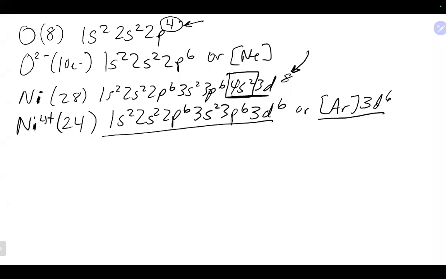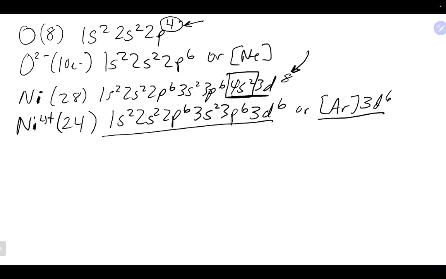You only take away from the one before when it's a transition metal. For everybody that is a representative element, which is like your groups 1, 2, 3, 4, 5, 6, 7, 8, those guys, for the most part, you're either taking away from the one at the end, or you're putting them into the one at the end.